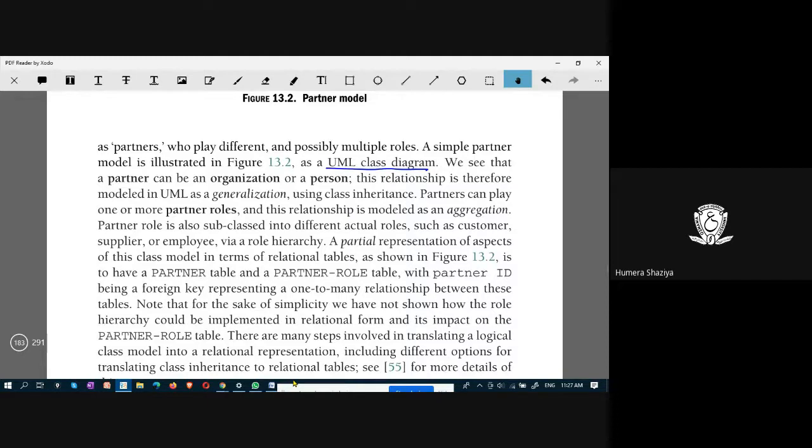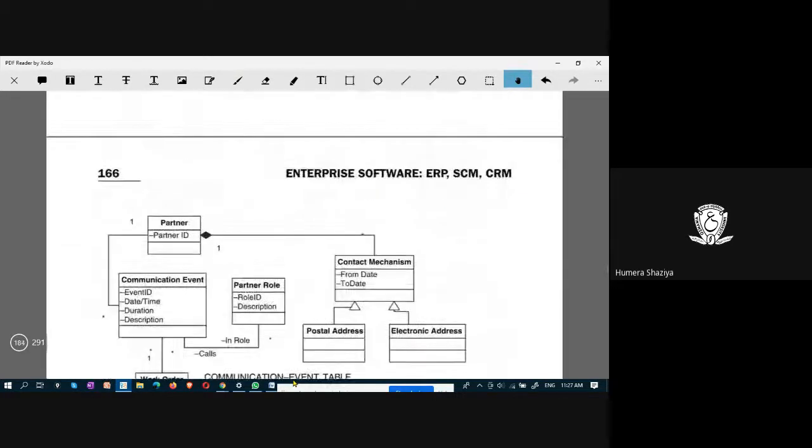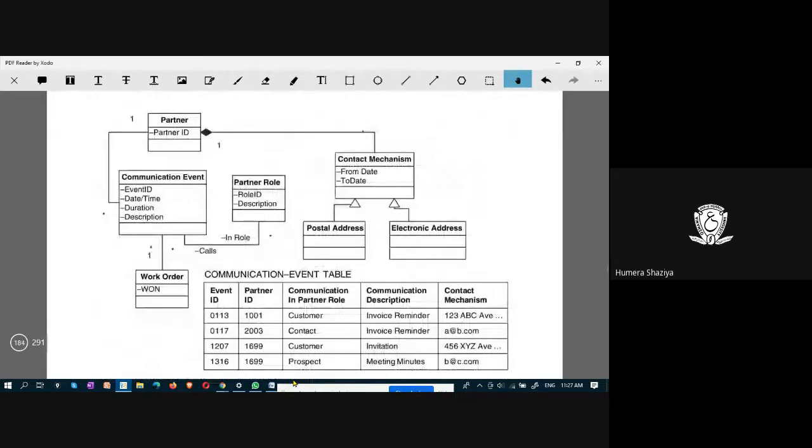All right. Next, UML you are learning. Please go through the concepts of UML and try to understand this one, earlier one.